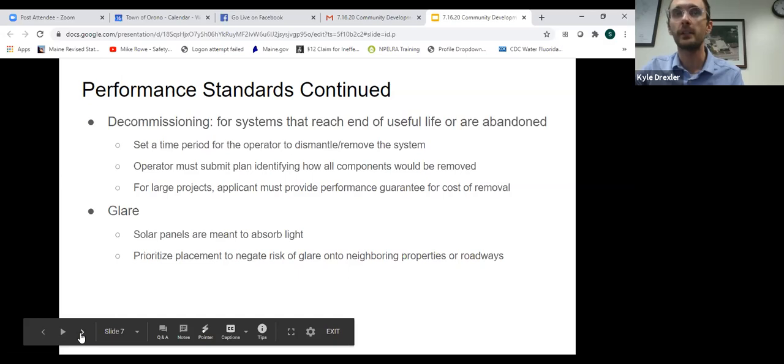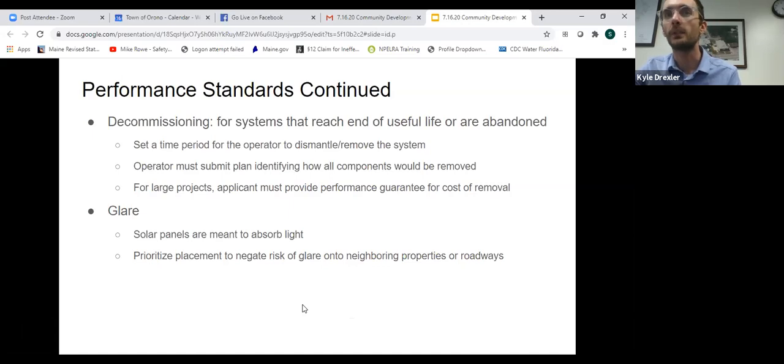Final performance standards that I wanted to point out were decommissioning for systems that reach the end of their life or are abandoned. Most of these ordinances put in some sort of standards to deal with those situations.